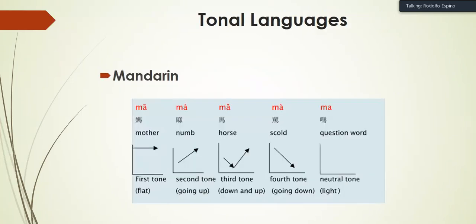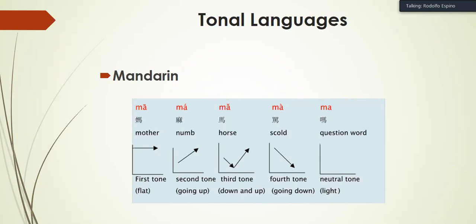However, as I said, Spanish is similar to English, but not all the languages in the world work the same. Okay, so there are some languages called tonal languages, in which the tone or the intonation can make a different word, not a different meaning in the utterance.